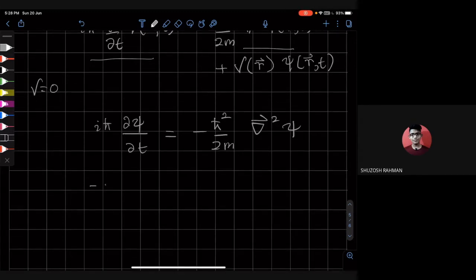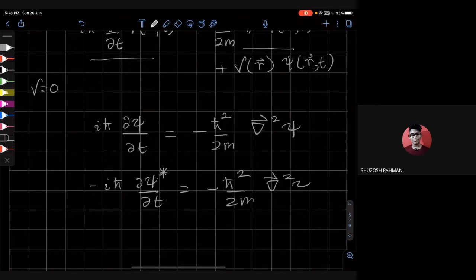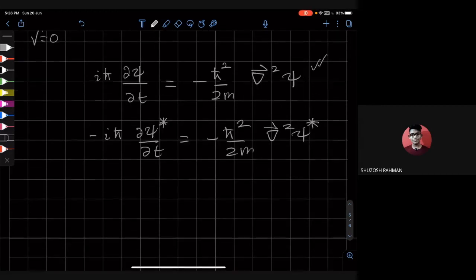So the complex conjugation of this is this equation. So if I have a wave function psi that satisfies the Schrodinger equation, there must exist a wave function, psi star, its complex conjugate, which satisfies this non-Schrodinger equation, right?